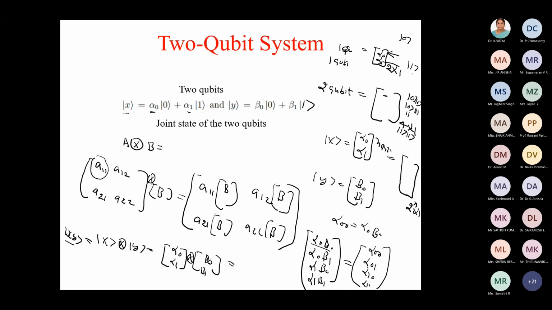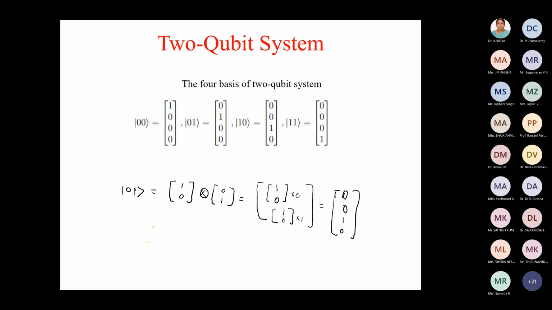Is it okay? And any general single qubit state will be a combination of these basis states 0 and 1. In the case of a 2 qubit system, there will be 4 basis states 0, 0, 0, 1, 1, 0, and 1, 1. Okay. And their linear combination can be used to represent any state.